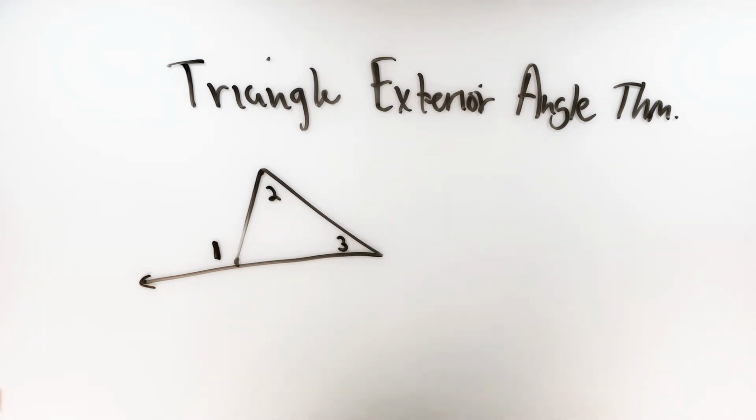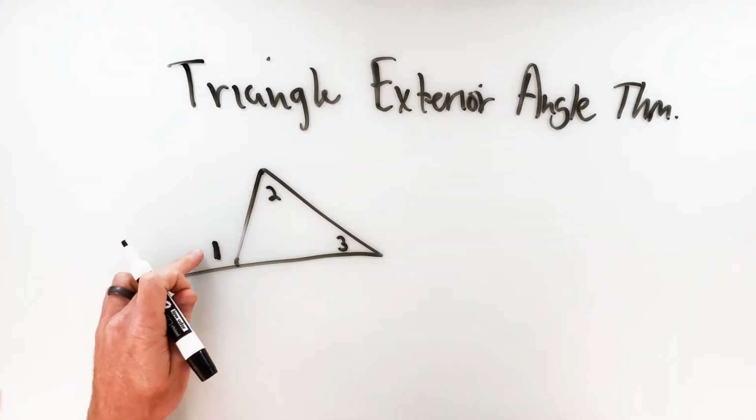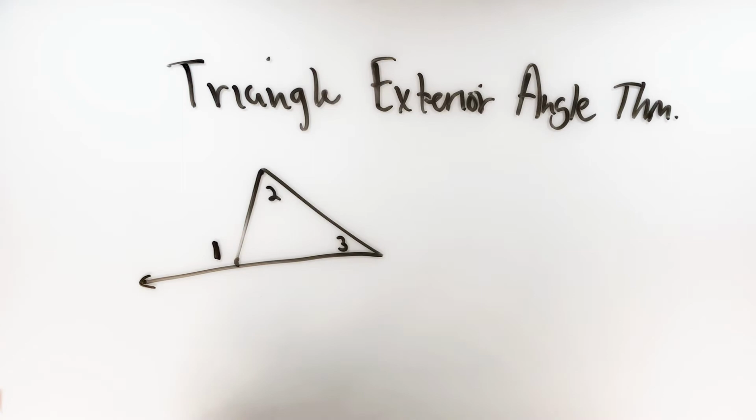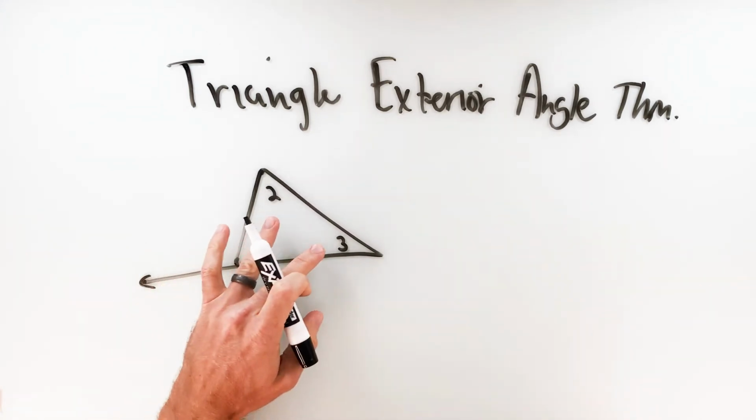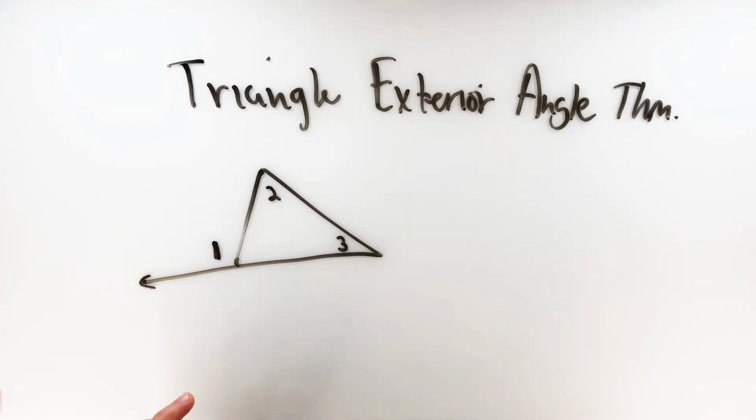So if I know that a triangle adds up to 180 degrees, that means that the exterior angle of a triangle, okay, so one of the exterior angles will always be equal to the sum of the two non-adjacent interior angles of the triangle. Okay, say that again real quick.